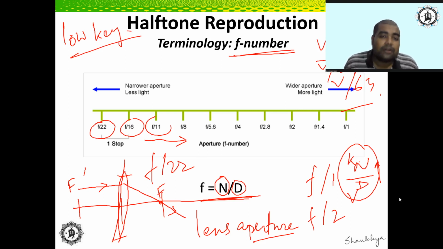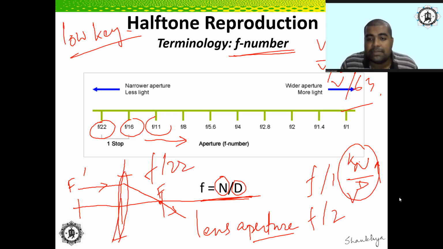Why? Because decreasing the f number means widening the aperture, allowing more light. In order to compensate for the extra light hitting the film, the camera will automatically reduce the exposure time by half.